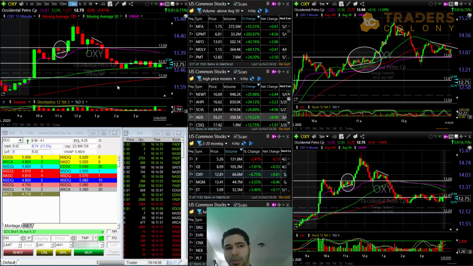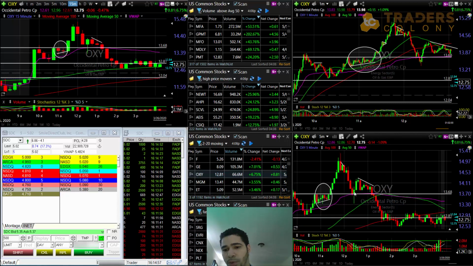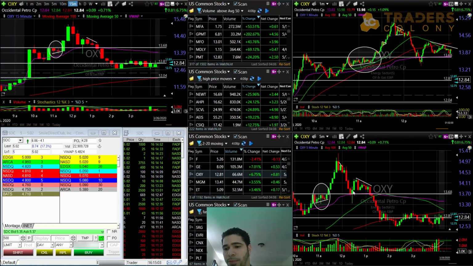This flag here was a bull flag formation on the 15. Broke out, came right back up here, flag formation on the 5, came down, retested the prior resistance that it broke on this bull flag, and this area was still support because the candle didn't really close under the prior area of 1368 on the daily.